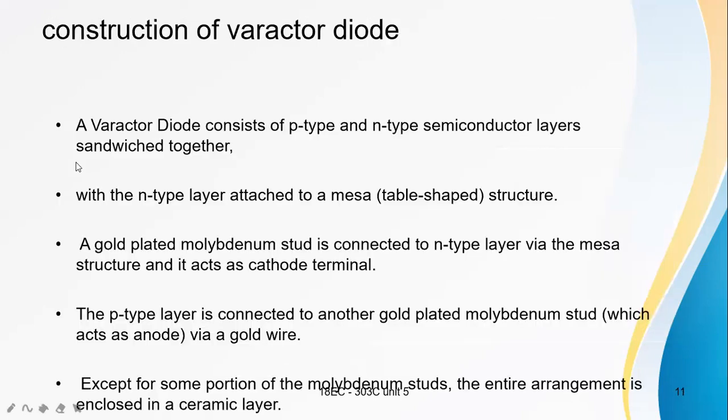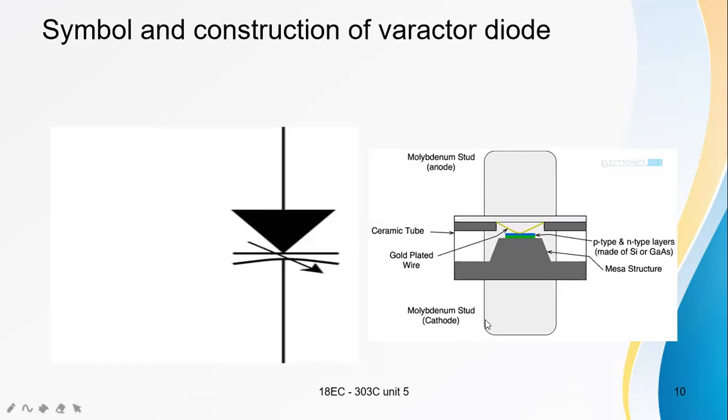A varactor diode consists of p-type and n-type semiconductor layers sandwiched together, with the n-type layer attached to a mesa table-shaped structure. A gold-plated molybdenum stud is connected to the n-type layer via the mesa structure, and it acts as the cathode terminal. This is the mesa structure.